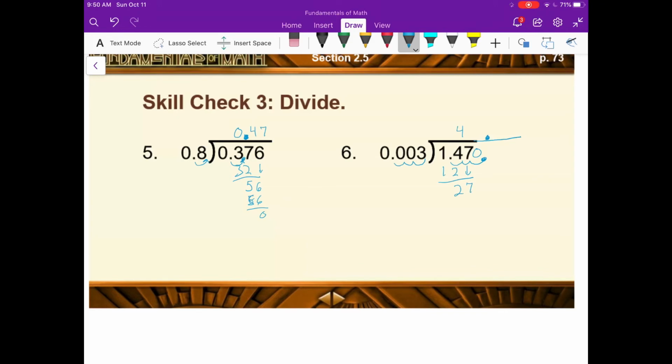We bring down the 7. 3 into 27 is 9. 9 times 3 is 27, so that's 0. Don't forget about this 0 that we just had. We bring down the 0. 3 into 0 is 0 times, and we get 0. So we don't actually need to write the decimal there, but it's helpful to know we're finished. So the answer is 490.